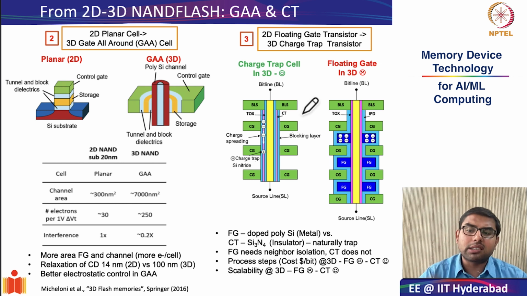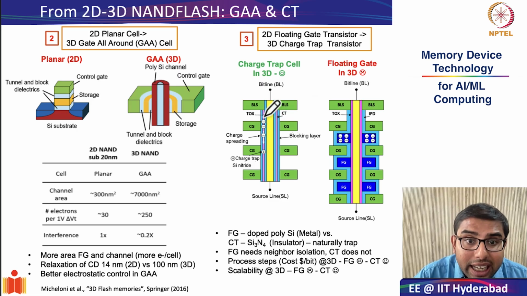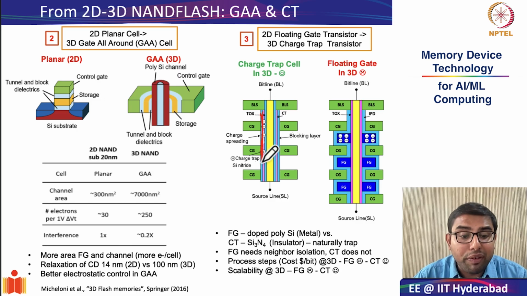And this gives a very distinct advantage when it comes to cost and scalability in the 3D NAND architecture. This is because, as you can see in the charge trapping cell, the charge storage layer is common across different word lines.